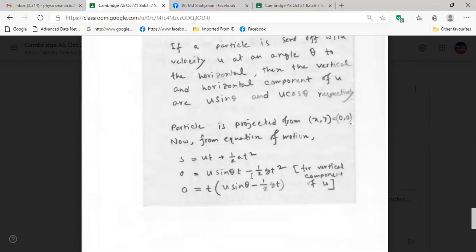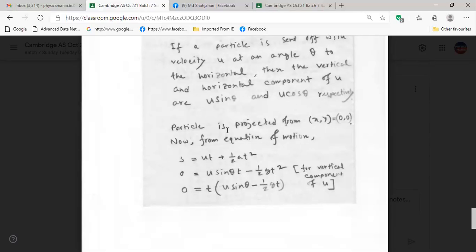That's why the acceleration here, g, as we are throwing upwards, is minus half gt square. And as we are taking the vertical component of u, we have u sin theta, so we have u sin theta t.